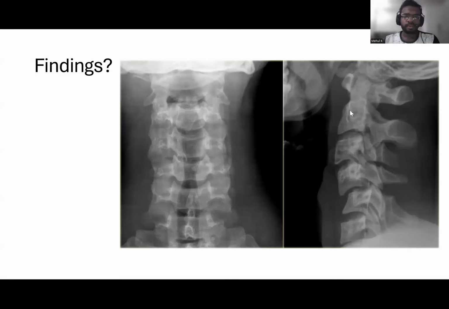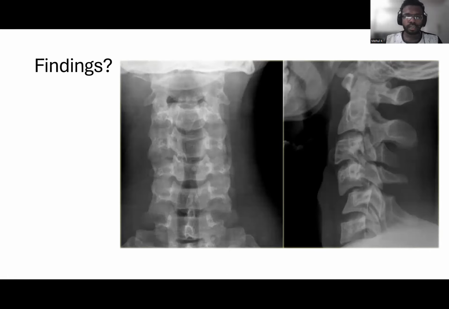Okay, so you can see the C3 C5 junction here is definitely abnormal, and the alignment is problematic. C3 C5 alignment is abnormal here, and also more importantly, look at the distance between the spinous processes.